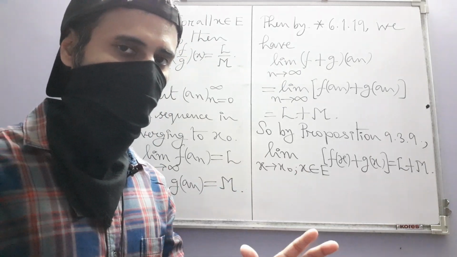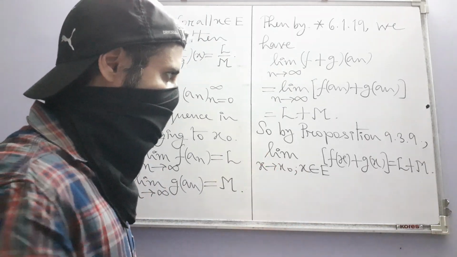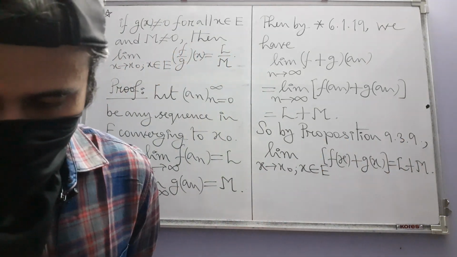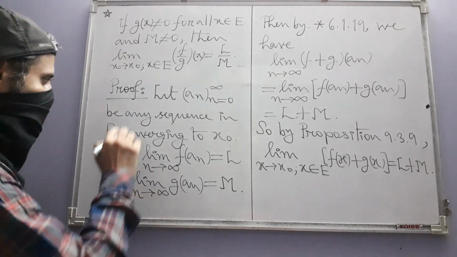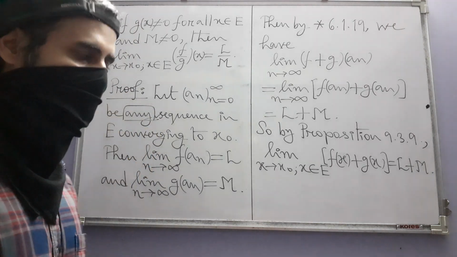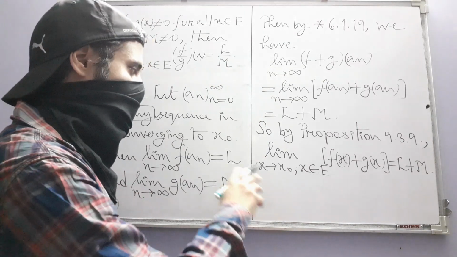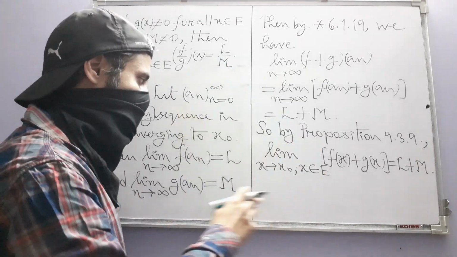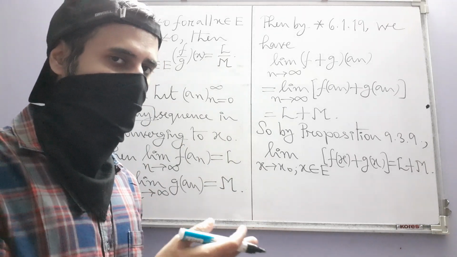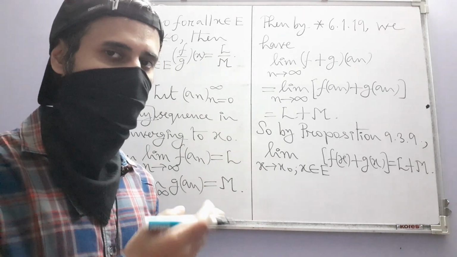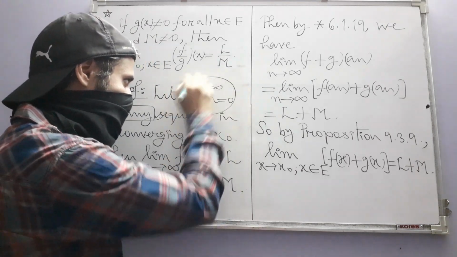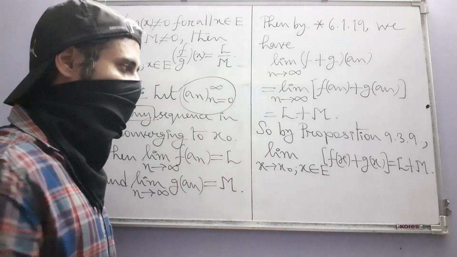So you go back to the statement B of proposition 939 and note this thing carefully, that this has to happen for any sequence, meaning for every sequence. It's not enough to just consider some sequences in E converging to x naught and show that for them the functional values create sequences which converge to the limit. No, this has to happen for every sequence in E converging to x naught.